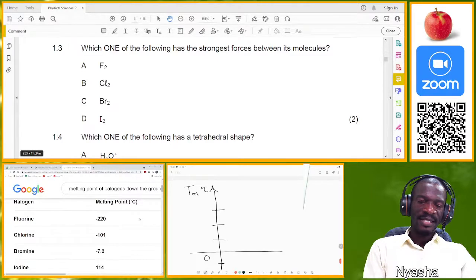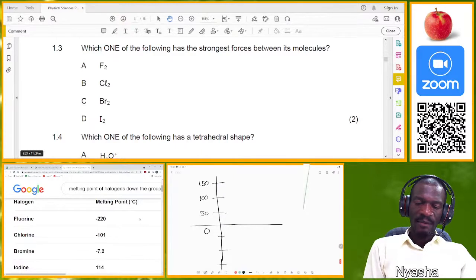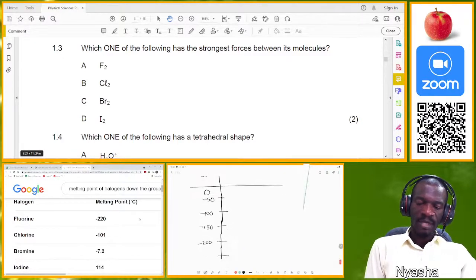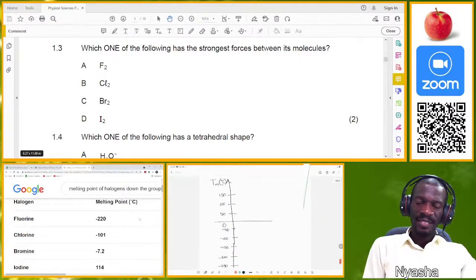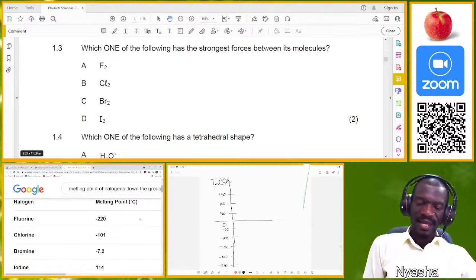This is in degrees Celsius. So I'm trying to make it small now so that we can try to identify our gases.